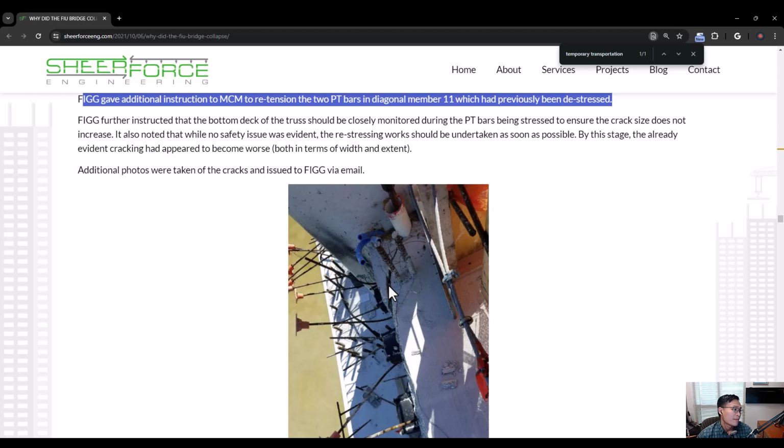You know that the PT is used only in the transportation. That is the purpose of the PT in the truss. And after the bridge is placed in position over here, it will be destressed. However, the FIC company asked MCM to retension the 2 PT bars over here.